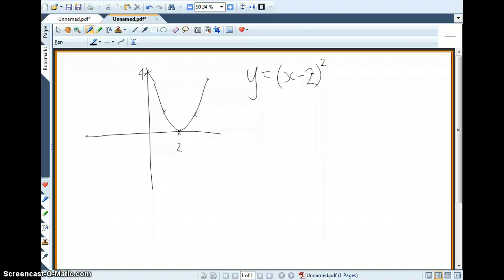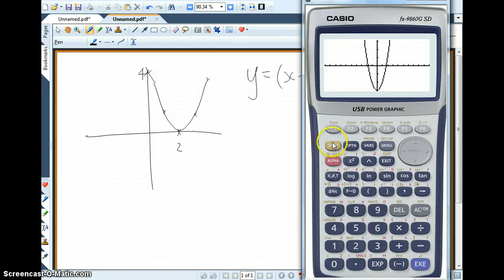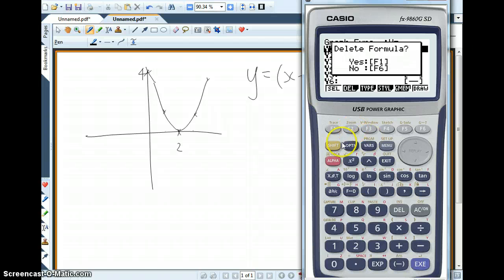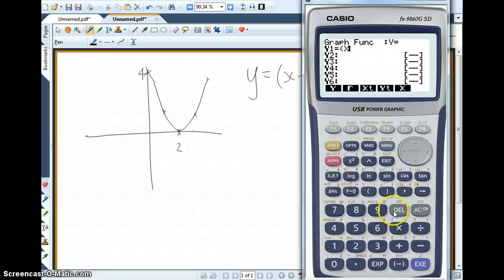Good question. Why is it -2? Let's ask the graphics calculator. Bracket x minus 2 close bracket squared. Execute. Draw.